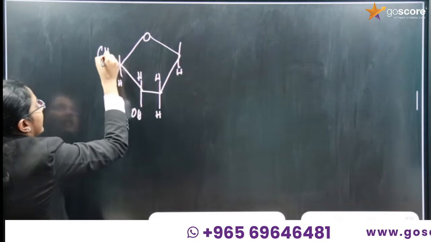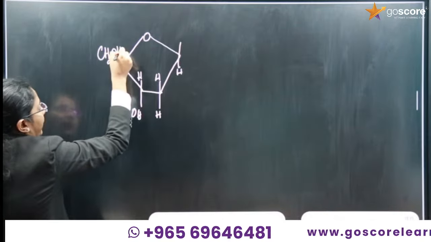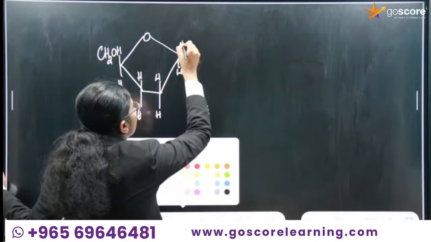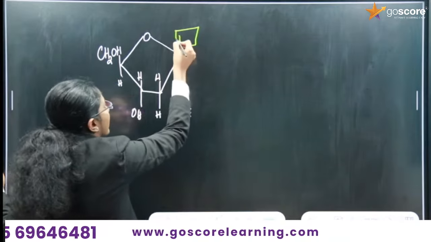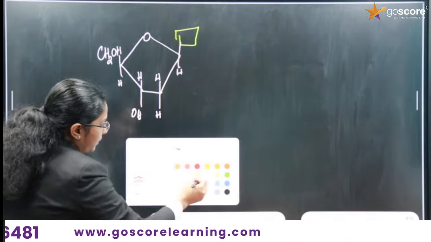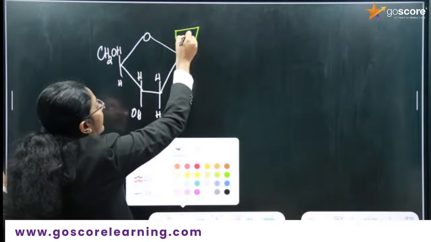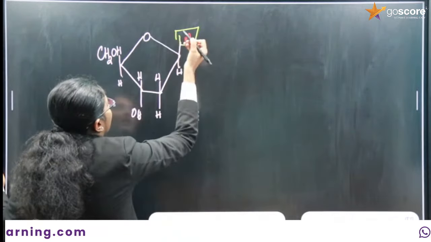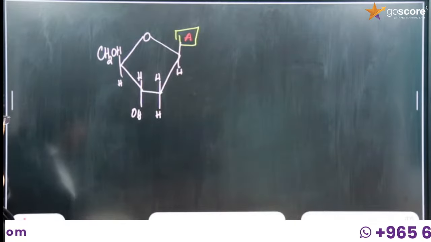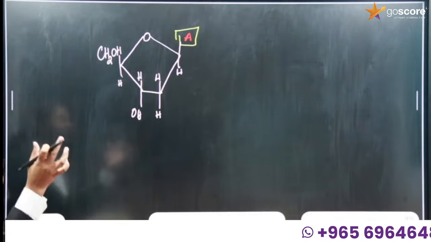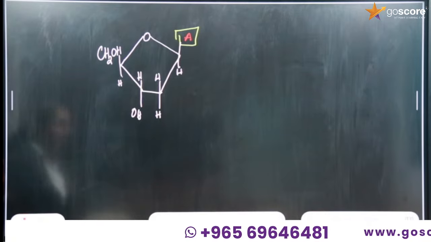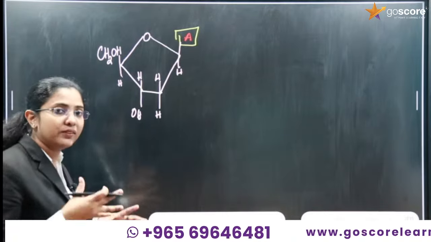Then finally it is CH2OH. Okay, so in the first position, what is present? Nitrogen base is present, and this is known as a nucleoside. We can write adenine as the base here. It is attached to the ribose sugar with the help of which bond? N-glycosidic bond.